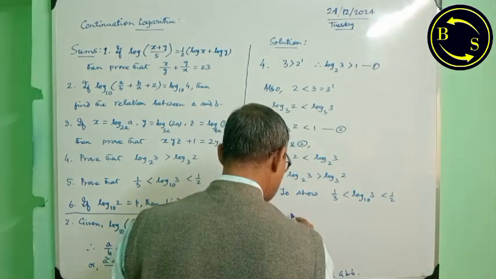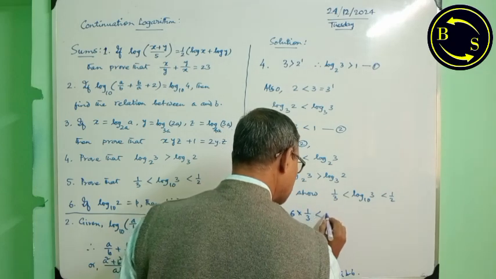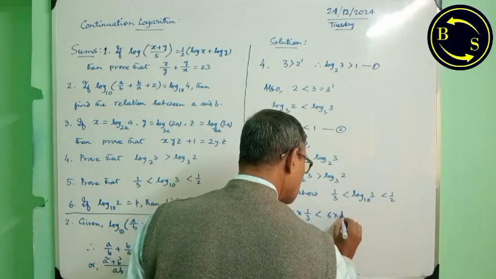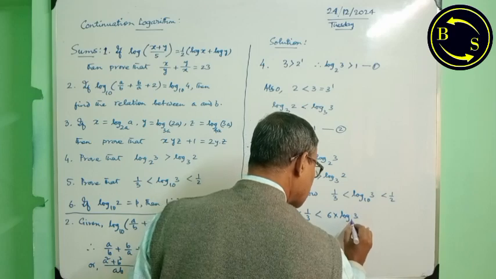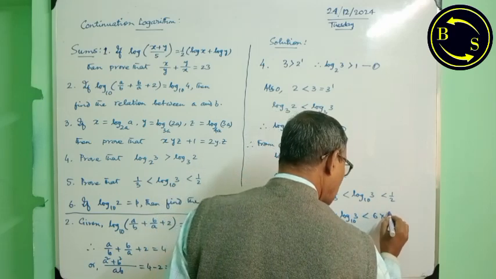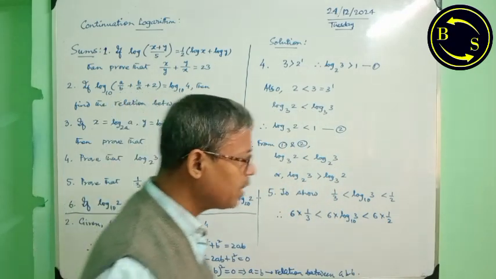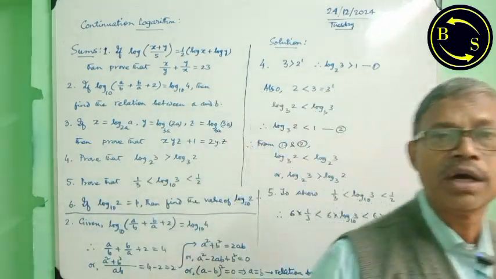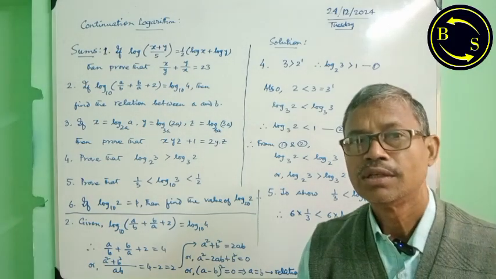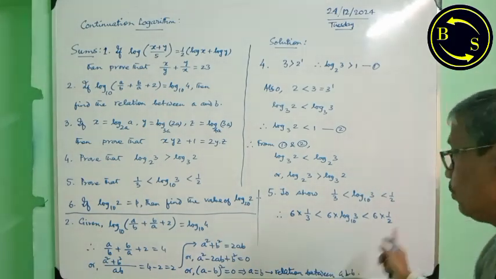Therefore, 6 into 1/3 less than 6 into log of 3 to the base 10 is less than 6 into half. When you get an inequality, if we multiply both sides by a positive number, then the relation will hold. Therefore, we can do this.